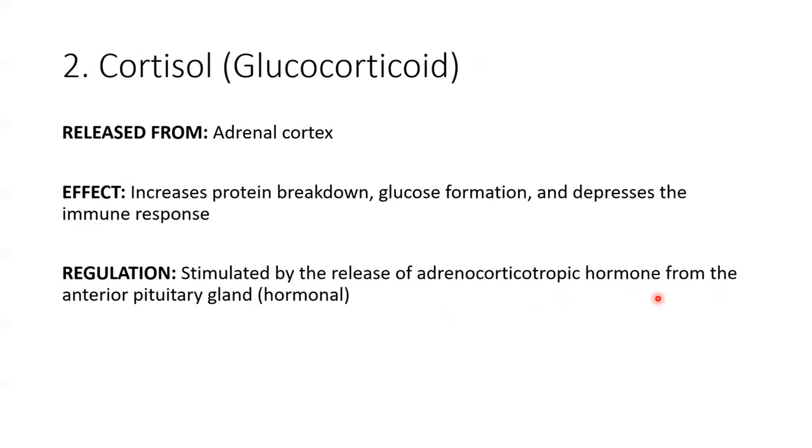Our second hormone from the adrenal cortex is cortisol, and cortisol makes up about 95% of all glucocorticoids. Cortisol has a number of different effects on the body. So it can increase protein breakdown, mostly the breakdown of muscle fibers, and that puts the amino acids that were in the muscle fibers back into the blood.